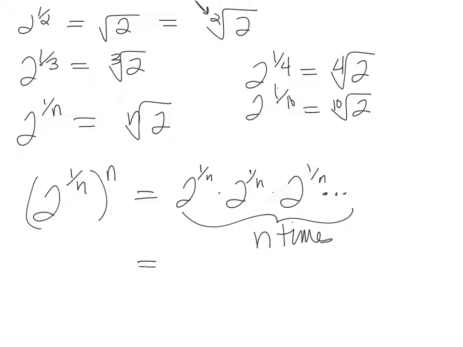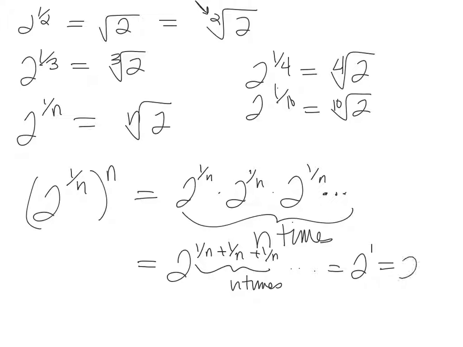But that also equals 2 to the 1 over n plus 1 over n plus 1 over n, dot dot dot, n times, which gives me, if I do that n times, 1 over n plus 1 over n n times is 1, right?